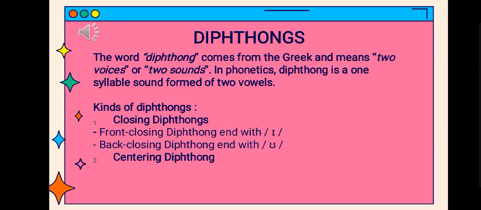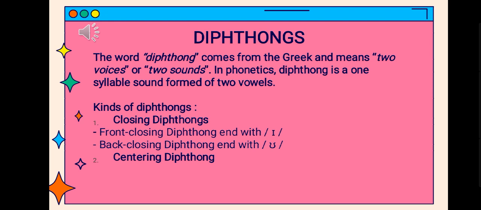Alright, thank you Ilma for your explanation about monophthongs. And then I am Shinta Faizatun Nur. I want to explain about diphthongs. The word diphthong comes from the Greek and means two voices or two sounds.